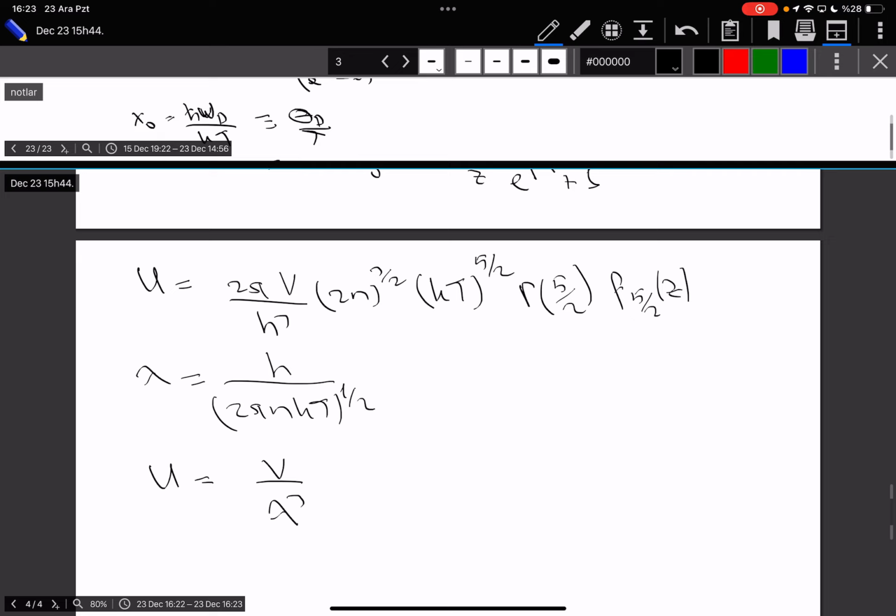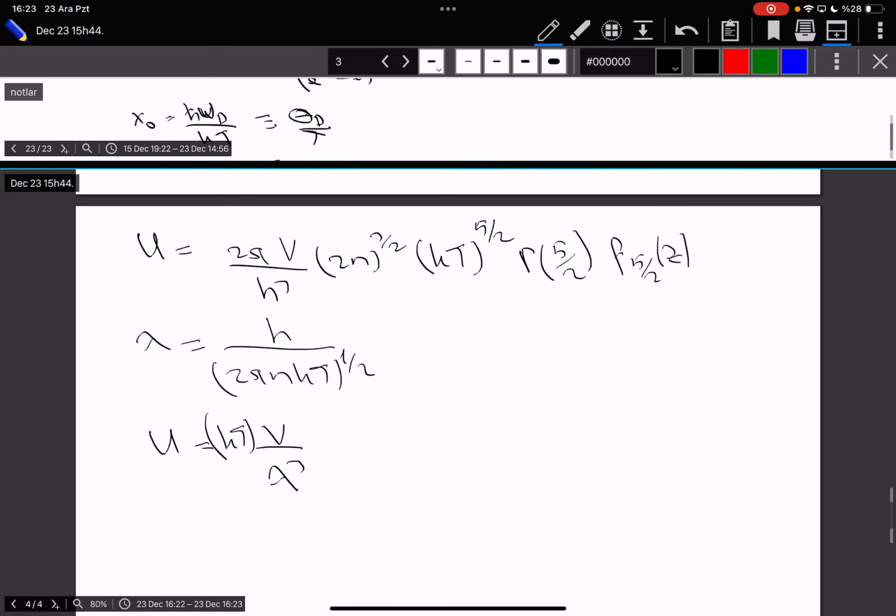Then I have a single factor of kT. And what else is missing? 1 over square root of 2 pi. You see, 1 over lambda cubed brings me a 2 pi to the power 3 halves. But I only have a single factor of 2 pi.